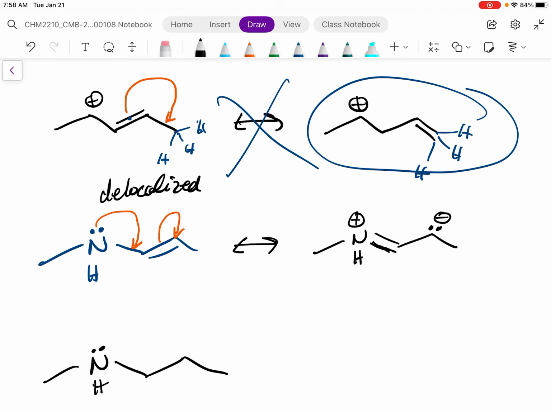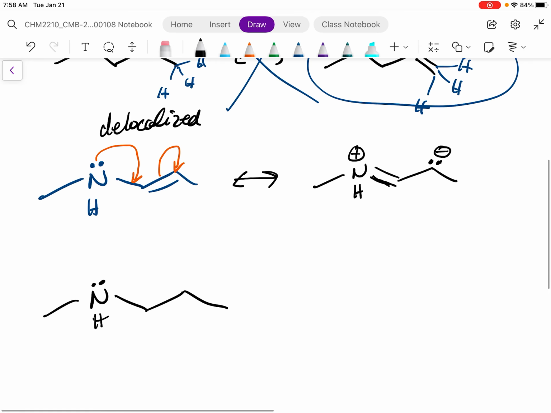Because when you have lone pairs on a heteroatom adjacent to an alkene like so, you can bring them down and pop the pi electrons onto the carbon, just like that. So that is a valid resonance structure. But can I do the same thing with this other one? No, I can't. If I tried, what would we do?